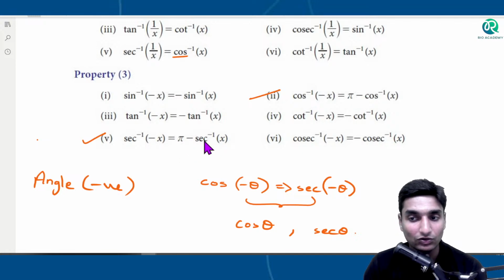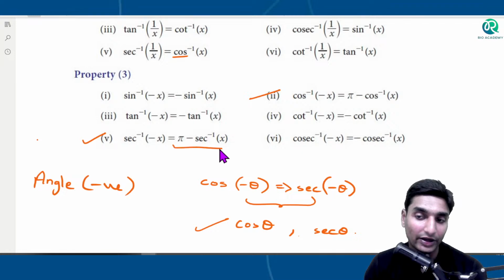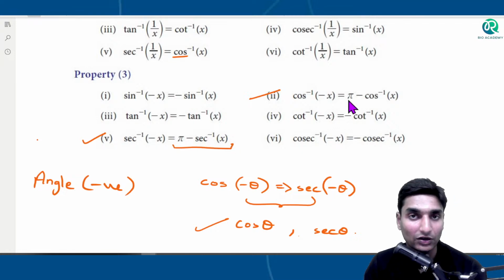Pi minus secant inverse. In the normal function, cos of negative theta was plus cos theta, and secant of negative theta was plus secant theta. Here what happens is they add an additional pi minus secant inverse and pi minus cos inverse. Apart from that, all the other trigonometric functions will definitely be negative.